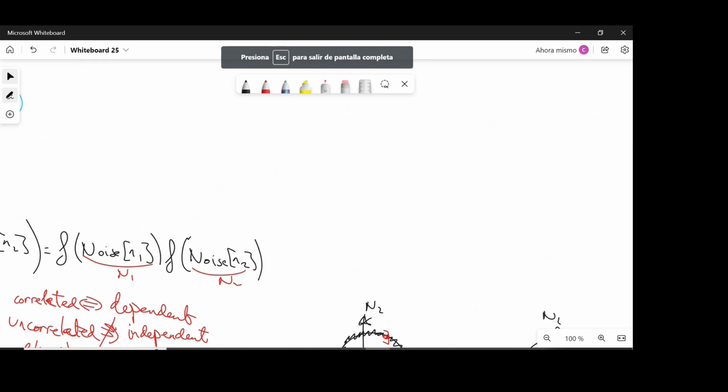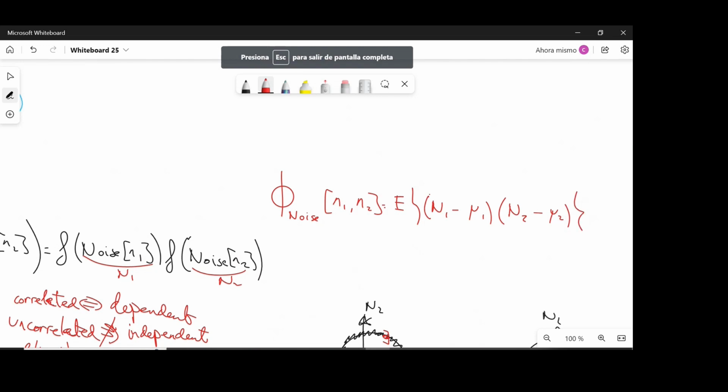What function do you know that can tell you what happens with pairs of variables? The correlation function. So the correlation of a signal between a pair of samples, n1 and n2, is the expected value of n1 minus the mean of n1, times n2 minus the mean of n2.